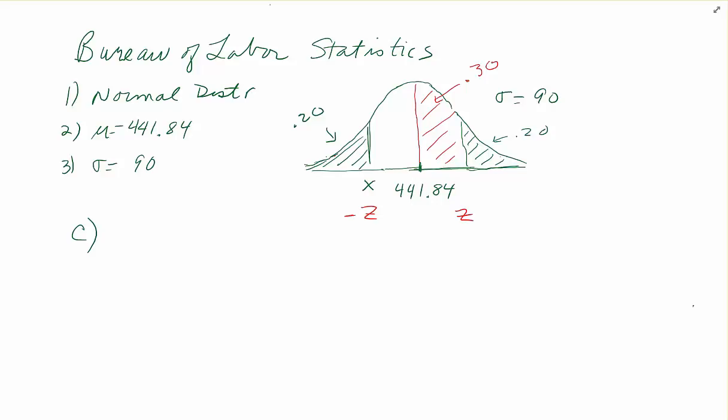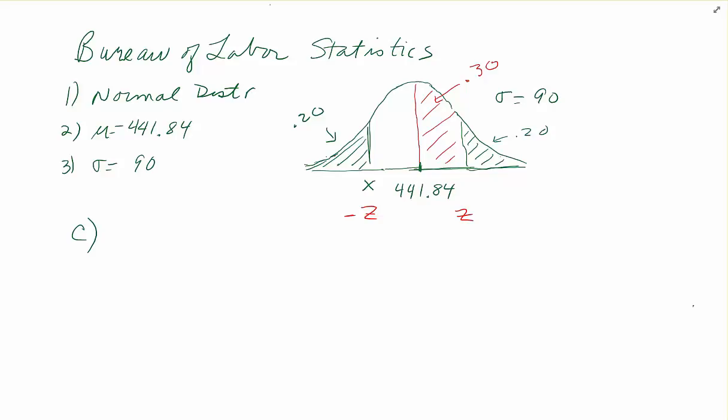And by all this symmetry and trying to get a value from the table that will help, I've got to get the positive value, the absolute value of this negative z that I want.